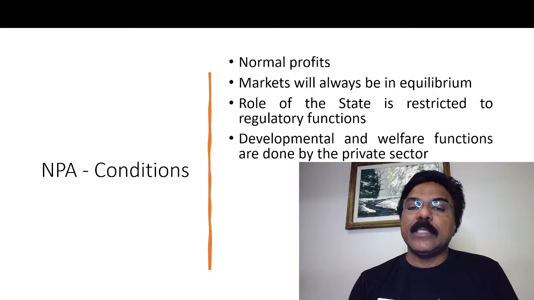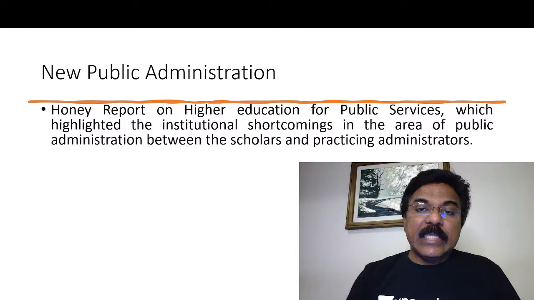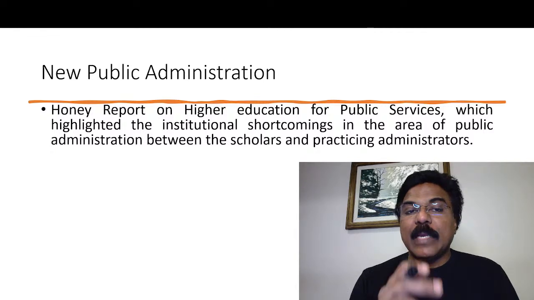We know all this. The 1960s was a turbulent decade for the USA because of the failure of PSUs, because of social unrest, because of the Vietnam War. So these were the conditions ripe enough for a new public administration to come in. And then there was the Honey report on higher education for public services, which highlighted the institutional shortcomings in the area of public administration between the scholars and practicing administrators.